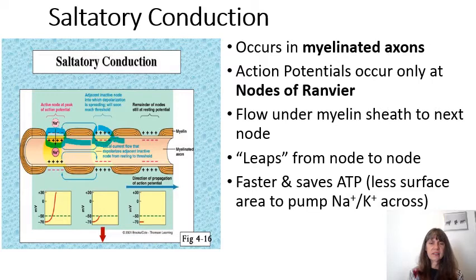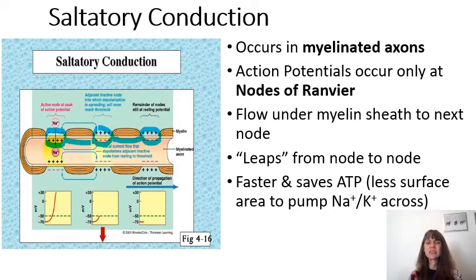Again, the electrical change will flow and depolarization will occur. This means that the conduction with saltatory conduction in myelinated axons is much faster. In fact, it's up to 30 times faster.